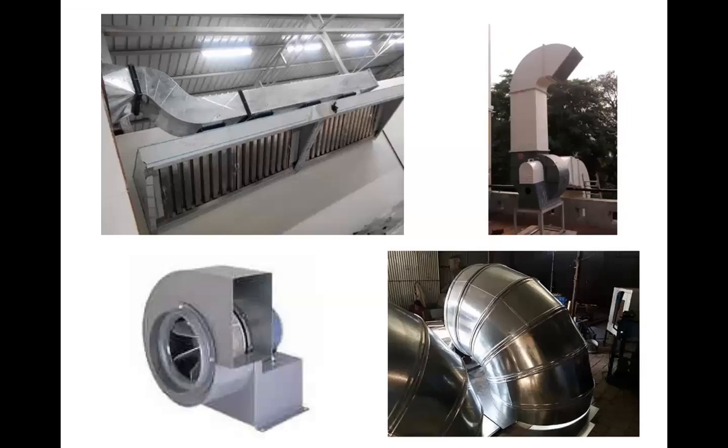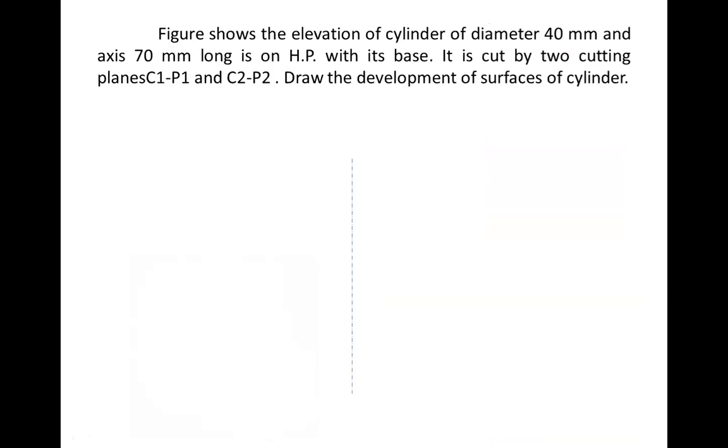These pictures also show the applications of the development of cylindrical surfaces. You can see the ducting of the acids. These shapes can be cut exactly to their size and shape by using only the geometry of the development of surfaces. All these figures include the knowledge of development of surfaces when they are cylindrical in shape.